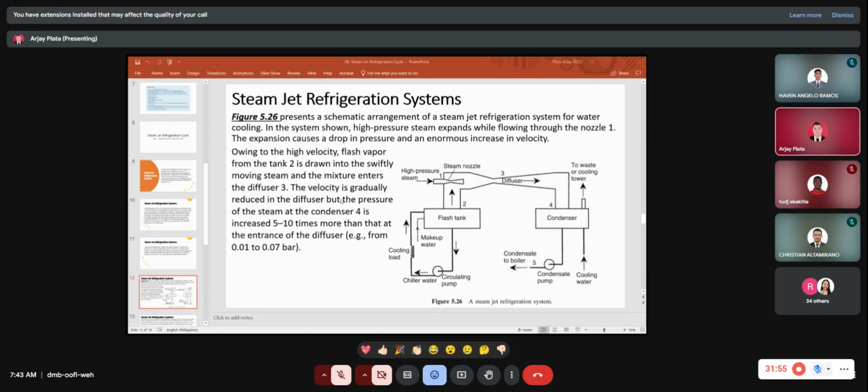So this expansion causes the pressure drop. If the pressure decreases, the liquid here in the flash tank will evaporate at a low pressure because of expansion.